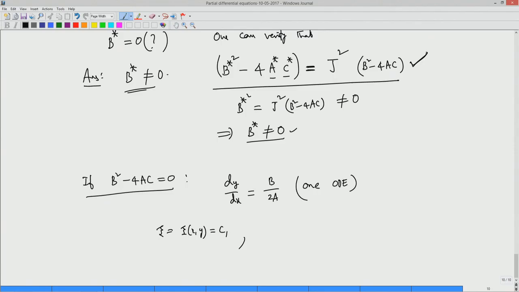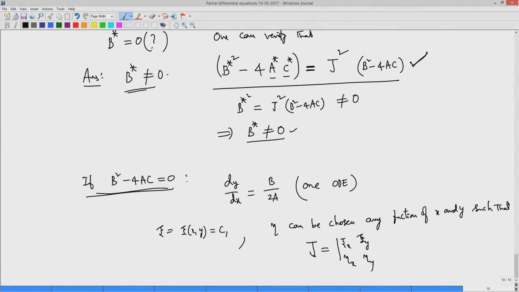So in this case, when b square minus 4ac is 0, you get only one variable xi, and eta you can always choose. Eta can be chosen as any function of x and y, or x or y, such that the Jacobian, xi x, xi y, eta x, eta y, is not 0.